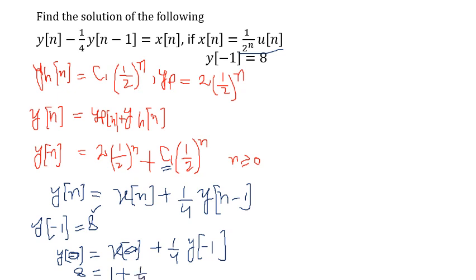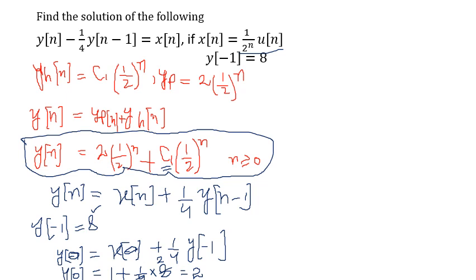And y of minus 1 is given, which is 8. So that means 1 by 4 times 8 is 2, and 1 plus 2 is 3, so that means y of 0 equals 3.